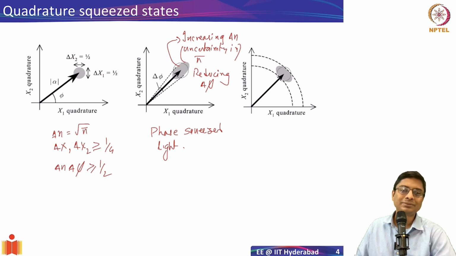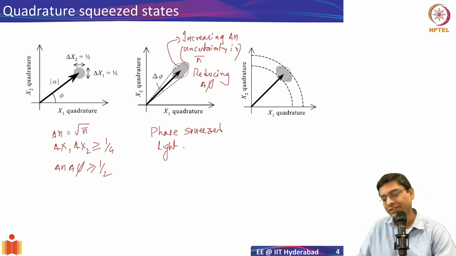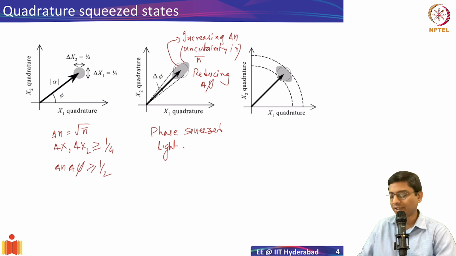So the question is, what will happen to the statistics? What sort of statistics will the phase squeezed light exhibit? Okay. Now we are reducing. If we talk about just simply Poissonian number statistics, delta n is in this case going to be greater than square root of n bar or less than square root of n bar?